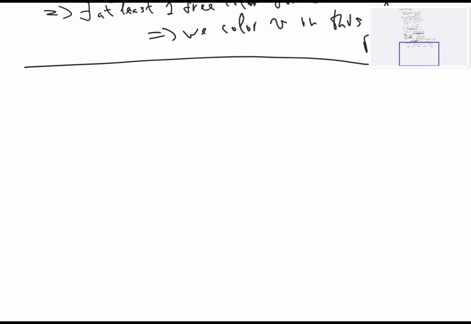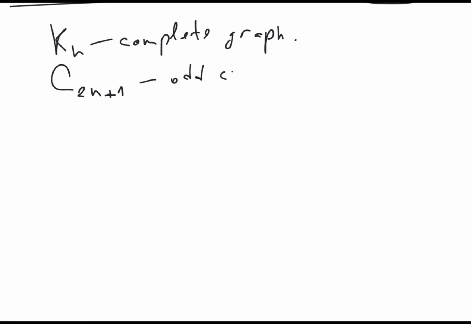And so these two families of graphs are the complete graph on any number of vertices, and an odd cycle.